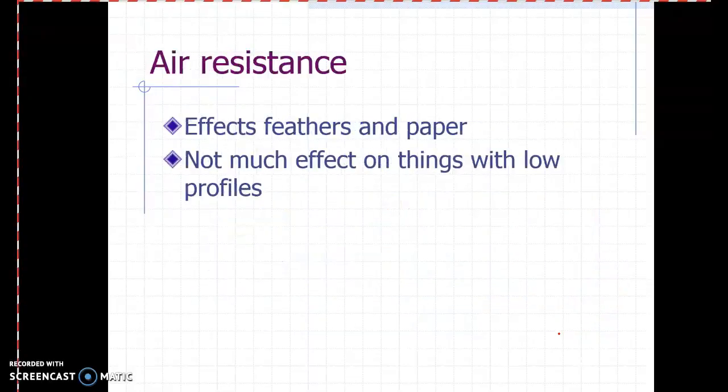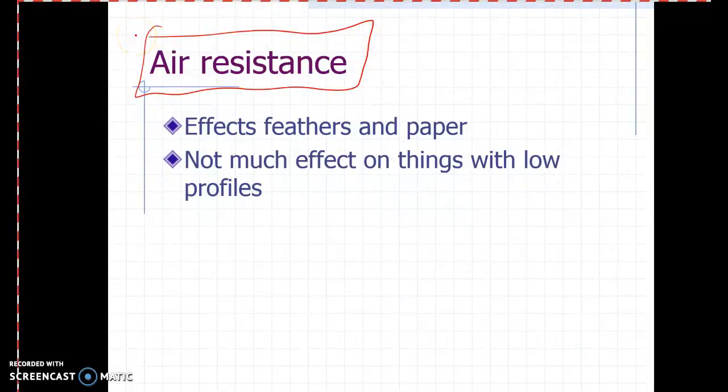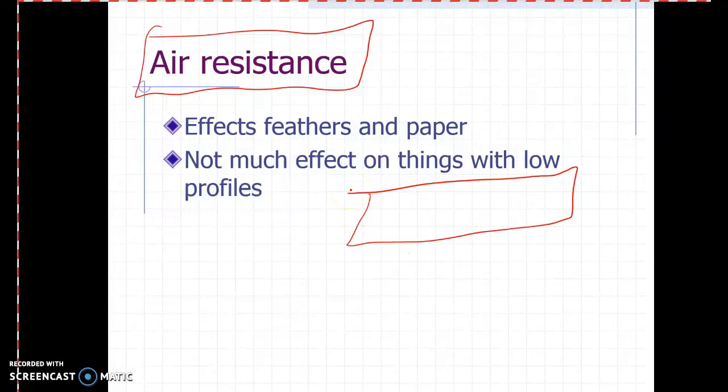All right. Side note, air resistance. Air resistance pretty much exists, even though we don't acknowledge it a lot in physics. It affects things like light things or things with a lot of surface area. The bigger the object, the more it's going to flutter through the air. Same thing with humans.